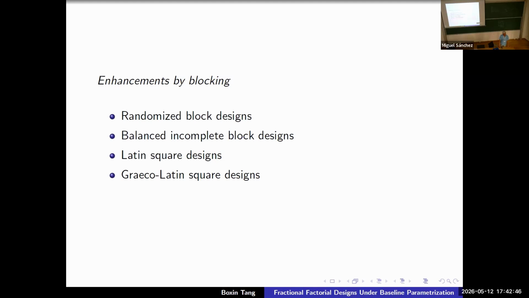And if you want to block experimental units in three directions, then we can use Greco-Latin squares. And you can do even more using sets of orthogonal Latin squares, more generally using orthogonal arrays.